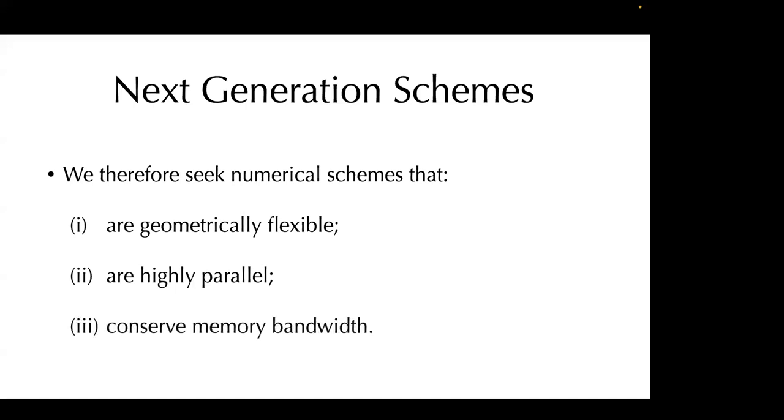And thirdly, the schemes need to conserve memory bandwidth, because memory bandwidth is the thing that we are not getting more of. Compute is cheap, moving data is expensive, so we want to favor schemes that avoid unnecessary data movement, even if this comes at the cost of extra compute.